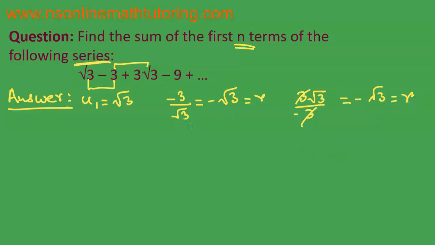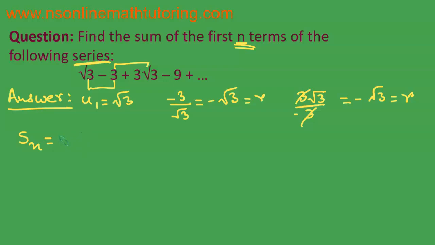So negative root 3 is equal to R, the common ratio, and U1 is equal to root 3, and we do not know the value of N. They are just saying find the sum total of the first N terms. So it will be Sn. For the previous one I had used the first form of the formula. So let me take the second form of the formula for this question.